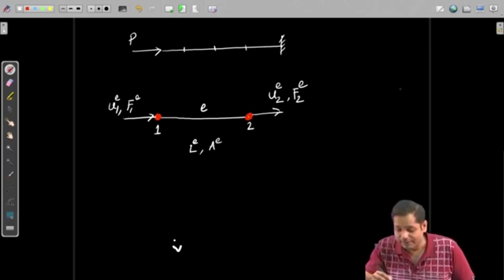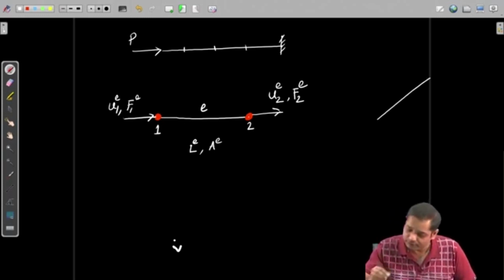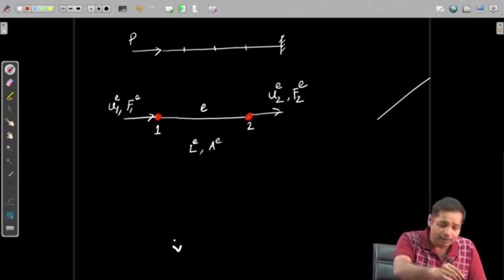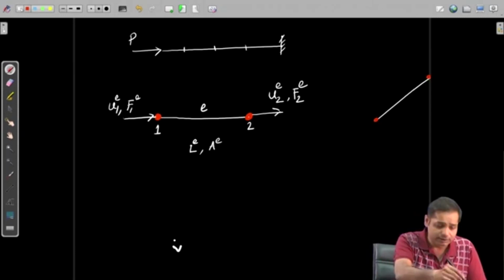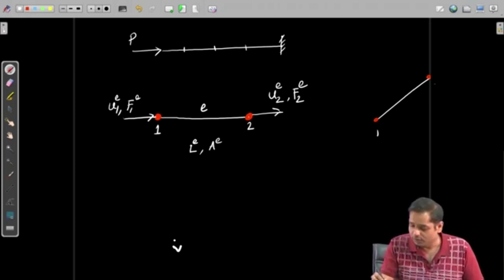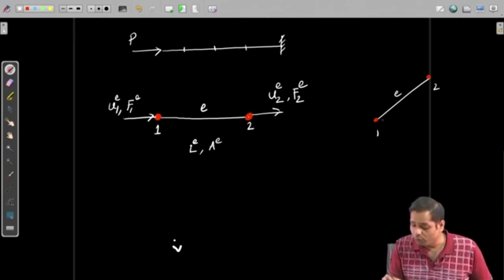But had it been an arbitrary shape like this, and these are the elements, and this is node number 1, this is node number 2, and this is the element, in that case you have both the components.